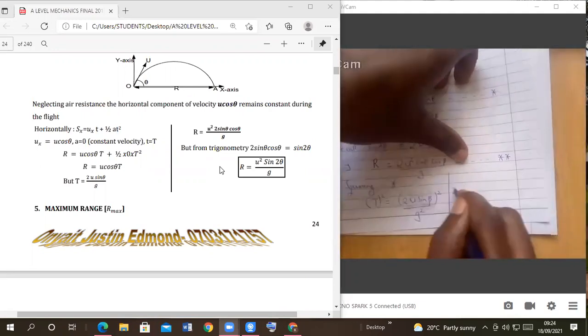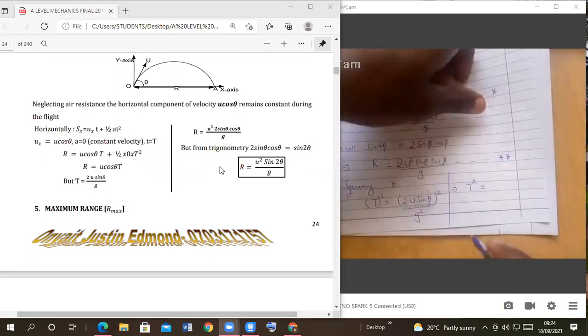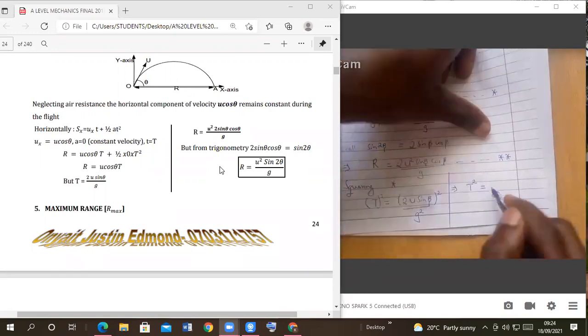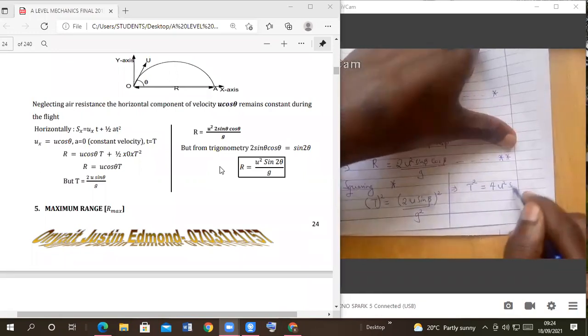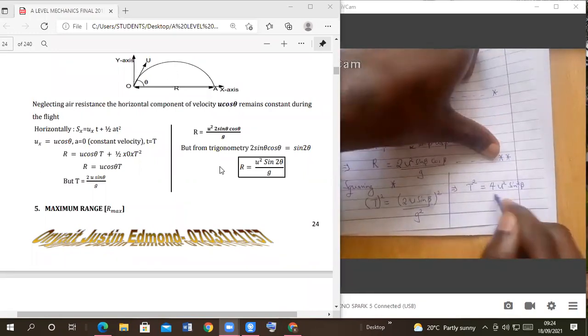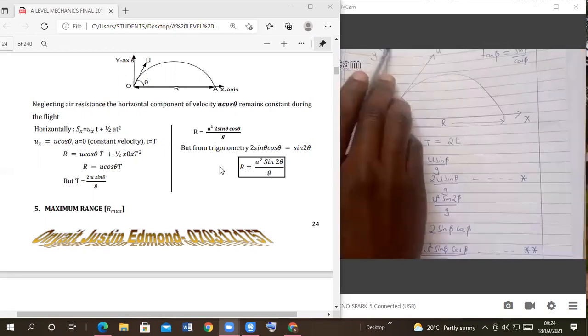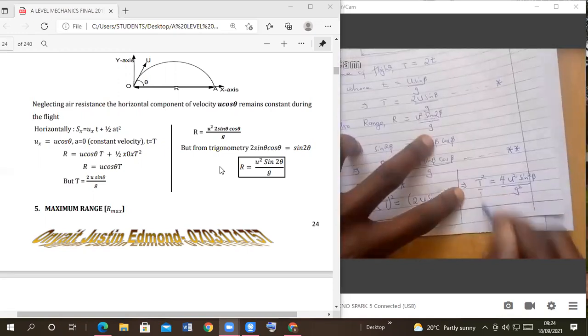So when I square that, I will have t squared equals 4 u squared sine squared beta over g squared. Now here is t squared, which means I have to cross multiply here. So this is the same as over 1.